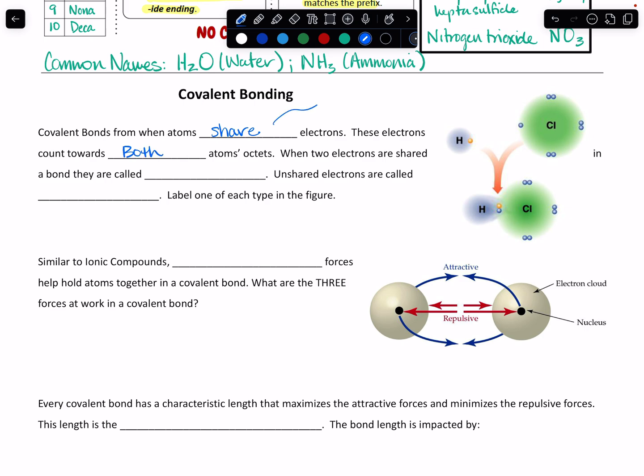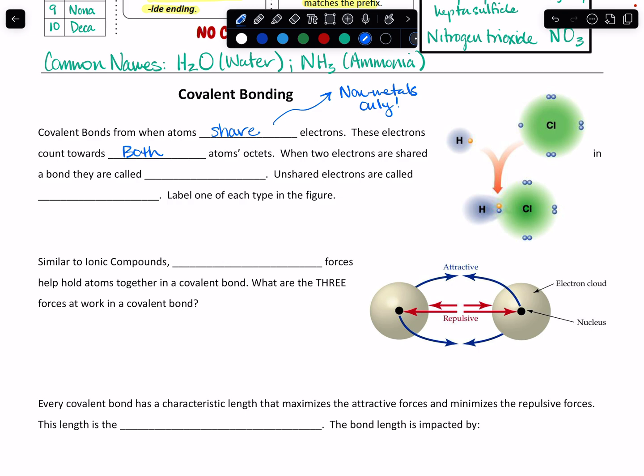The other piece I want to remind you of is these are non-metals only. If there's a metal present, then we've got a transfer of electrons happening, and so that's not covalent bonding, that's ionic bonding. But if we have electrons being shared amongst atoms, then they're non-metals, and those shared electrons are going to count towards both atoms' octets.